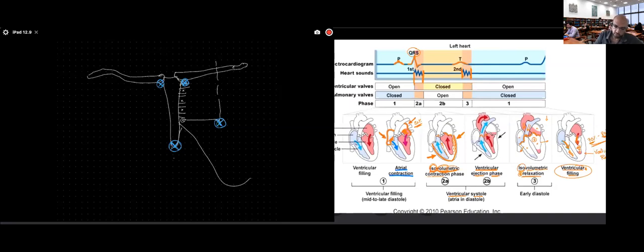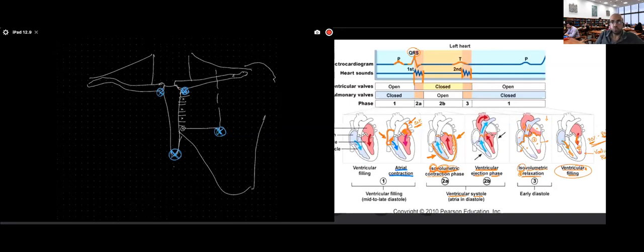So here we're looking at the chest of the patient. Can you imagine what I'm drawing? All right. So looking here, how the heart is going to be located in the chest.